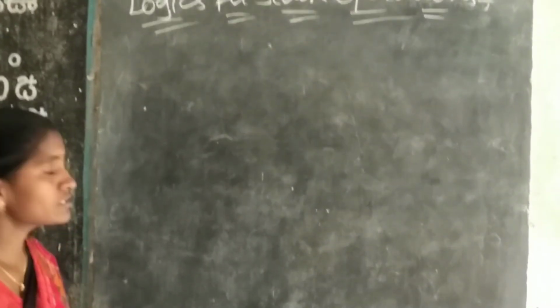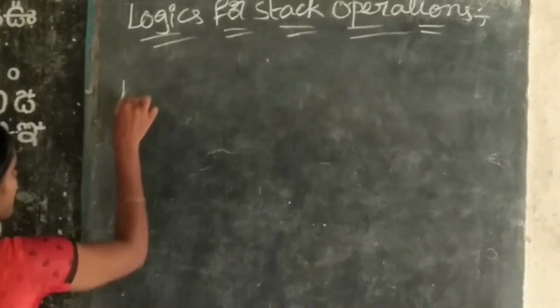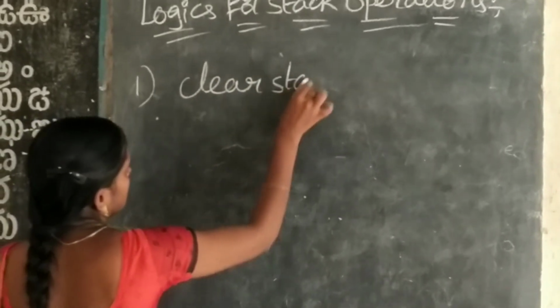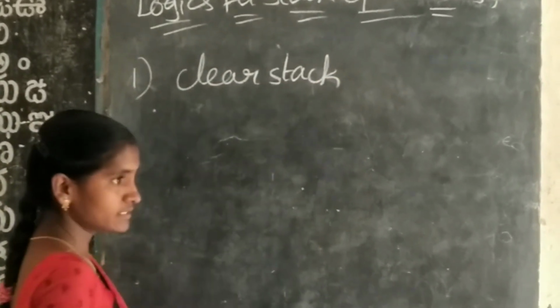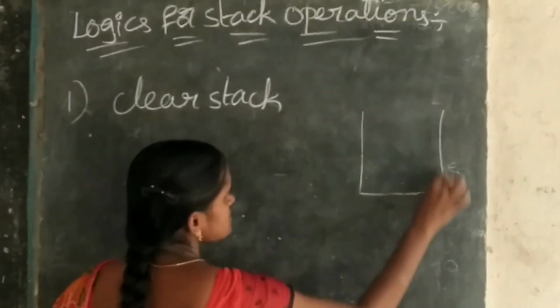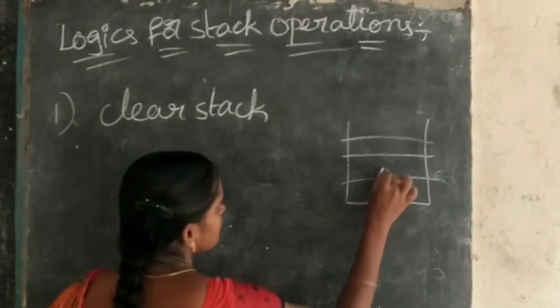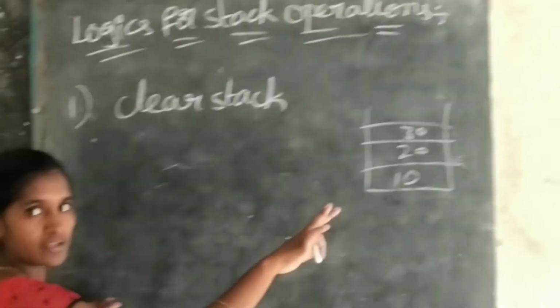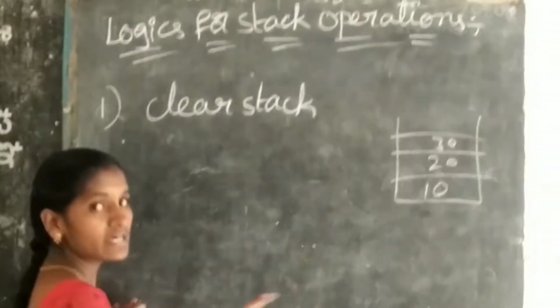In the logic for the stack operations, first we discuss clear stack. Clear stack means that when the stack has some elements, like 10, 20, 30, these 3 elements are removed from the stack at the same time.